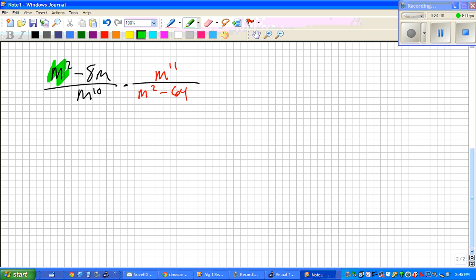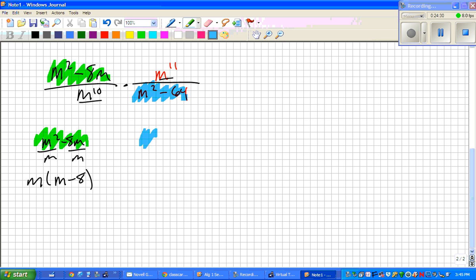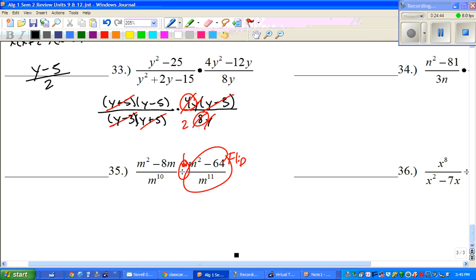So breaking these down little by little, m squared minus 8m, we'll take out our GCF of m, and we're left with m minus 8. Okay? Nothing can be done to the 10th or to the 11th, but to our m squared minus 64, we can factor that to m plus 8, m minus 8.